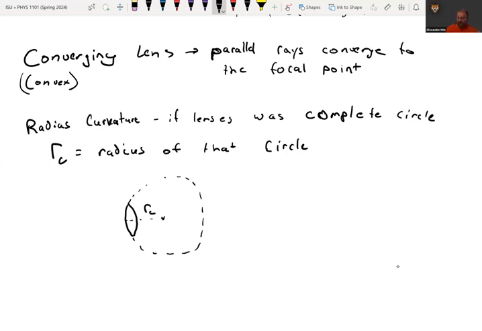We say, okay, it's sufficiently different that it generates this effect, but we're not going to look at the precise variations. Instead, we make this approximation where we say, okay, 2 times the focal length is equal to the radius of curvature. Another way of doing this is saying your focal length is your radius of curvature over 2.